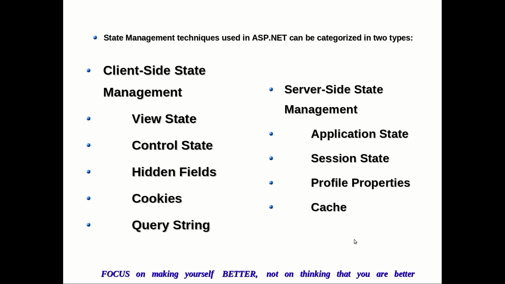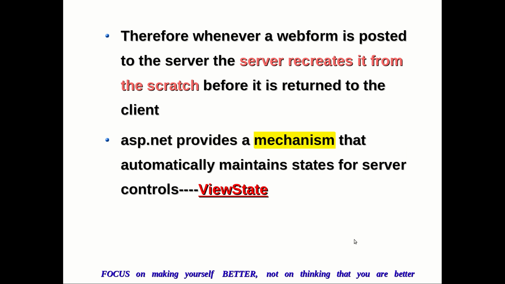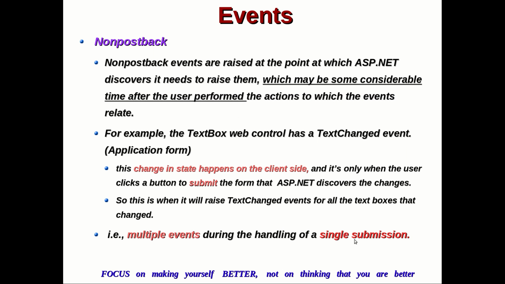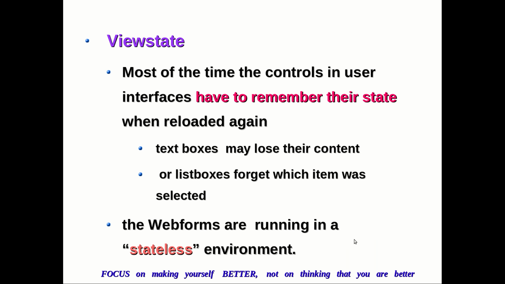So that's it about the web form events. The two major events are called as postback and non-postback events. And for managing the postback and non-postback events, the web forms use a method called as view state, which will be remembering the previous state when the server recreates the web pages.